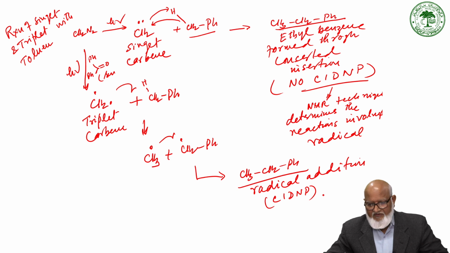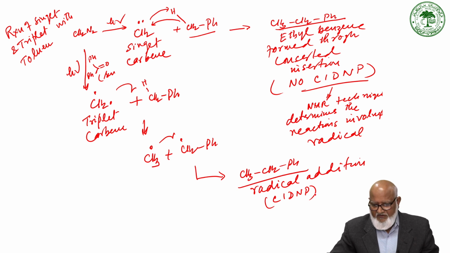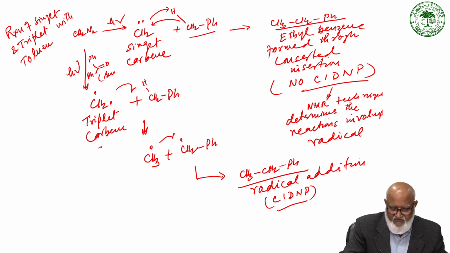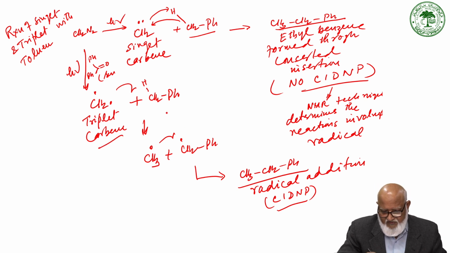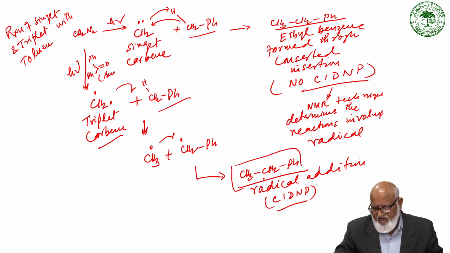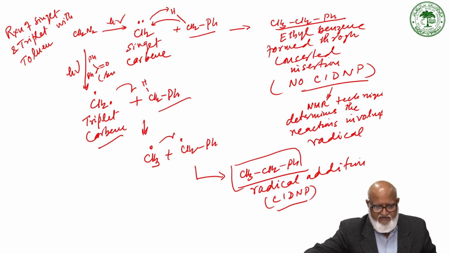CIDNP indicates that the reaction of triplet carbene with toluene giving rise to ethyl benzene is proceeding via radical addition.